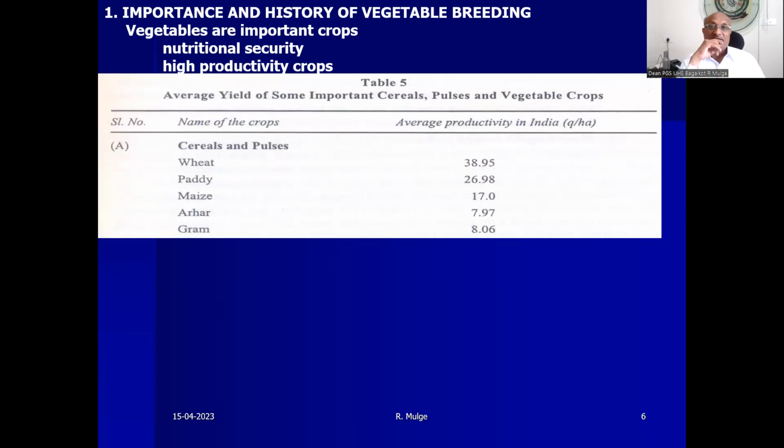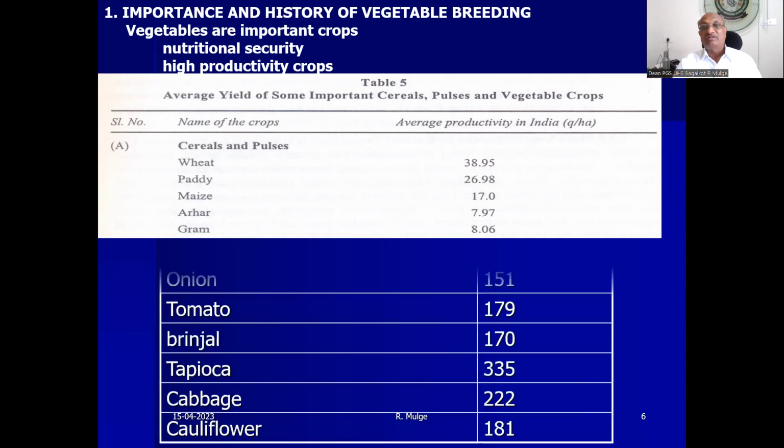If we say that the productivity is very high, to what extent? You can compare with cereals, pulses, and vegetable crops. Per hectare productivity average in India, in quintals per hectare: wheat 38 quintals, paddy 26 quintals, maize 17 quintals, red gram 7 to 8 quintals, Bengal gram around 8 quintals.